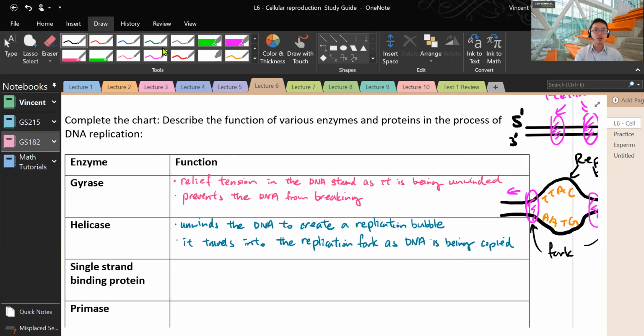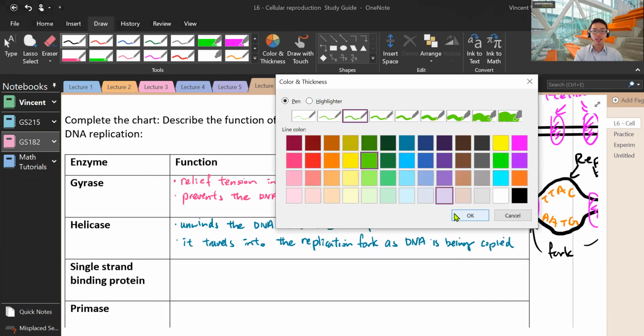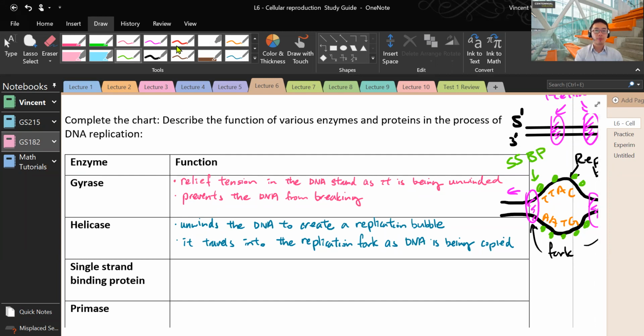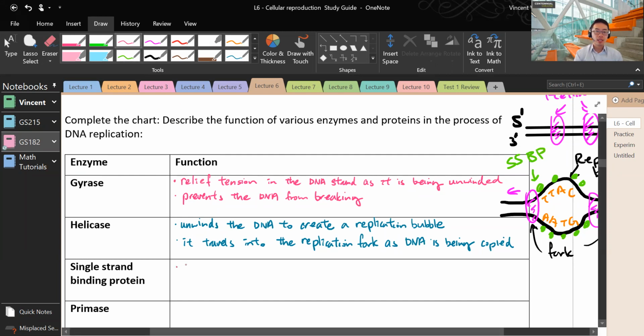Which is why we have the single-stranded binding proteins. The single-stranded binding proteins will stick to the side here and prevent them from coming back together. The purpose of a single-strand binding protein is to bind to the single DNA strand to prevent re-annealing.